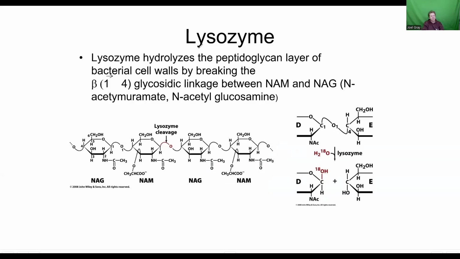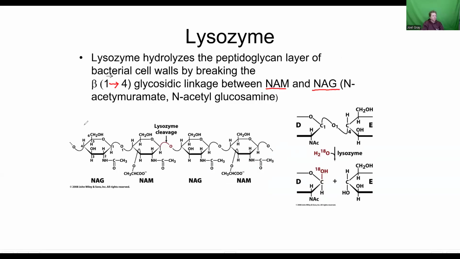And that enzyme is known as lysozyme. Lysozyme is an enzyme that hydrolyzes the peptidoglycan layer of bacterial cell walls by breaking beta 1,4 glycosidic linkages between N-acetylmuramate and N-acetylglucosamine, or NAM and NAG.